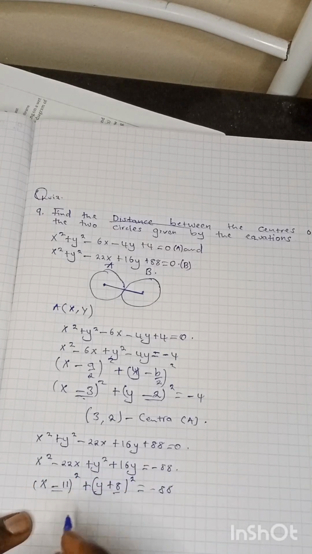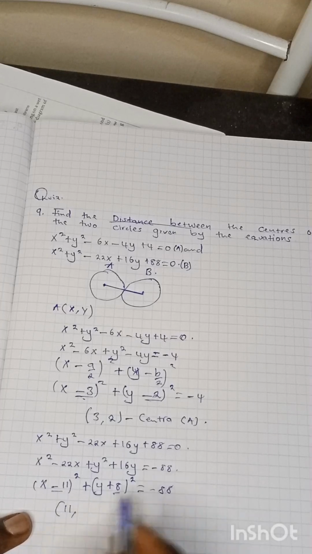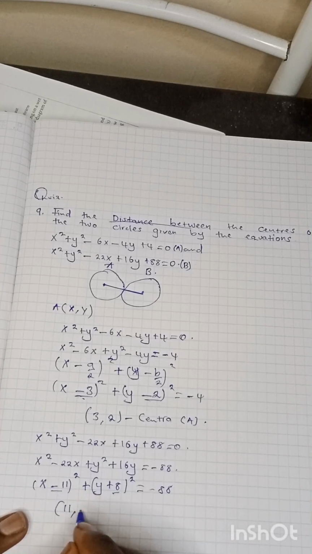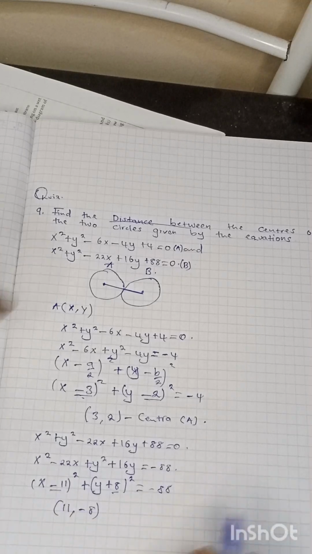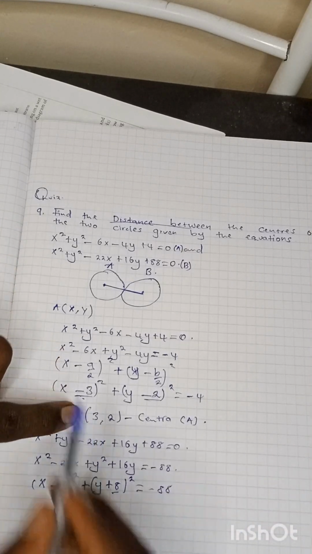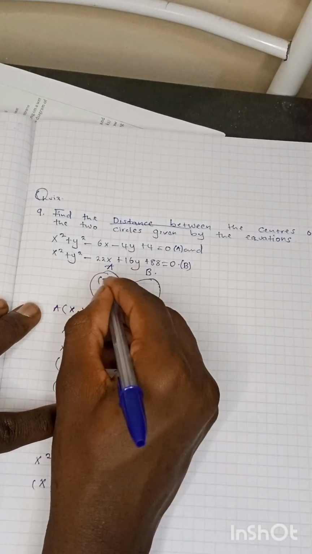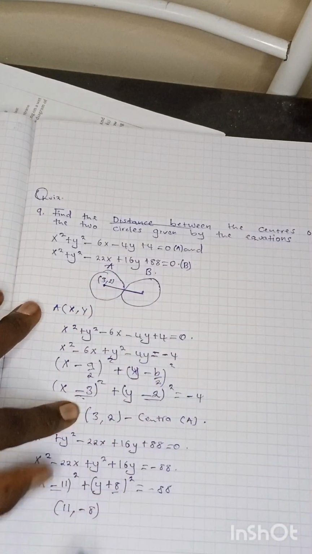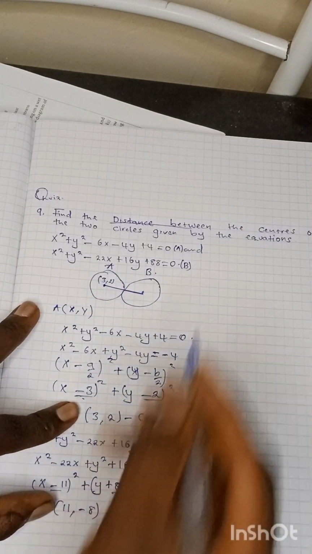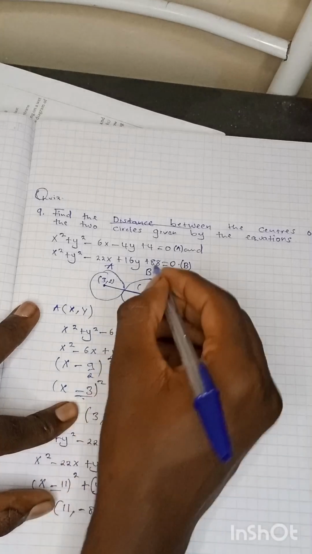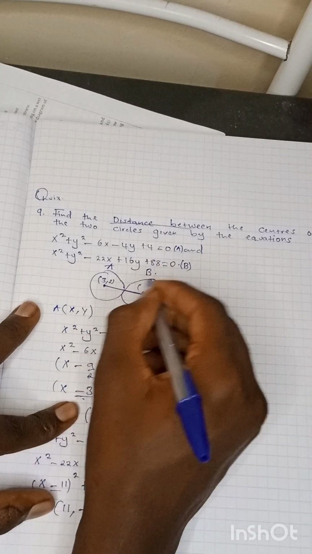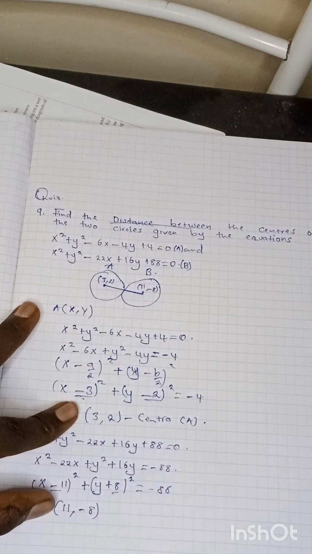It is negative 11, so it will be positive 11, while this one is positive 8, it is going to change to negative 8. So we have the coordinates of the center of the first circle, which is 3, 2, and the coordinates of the center of the second circle, B, which is 11, negative 8.